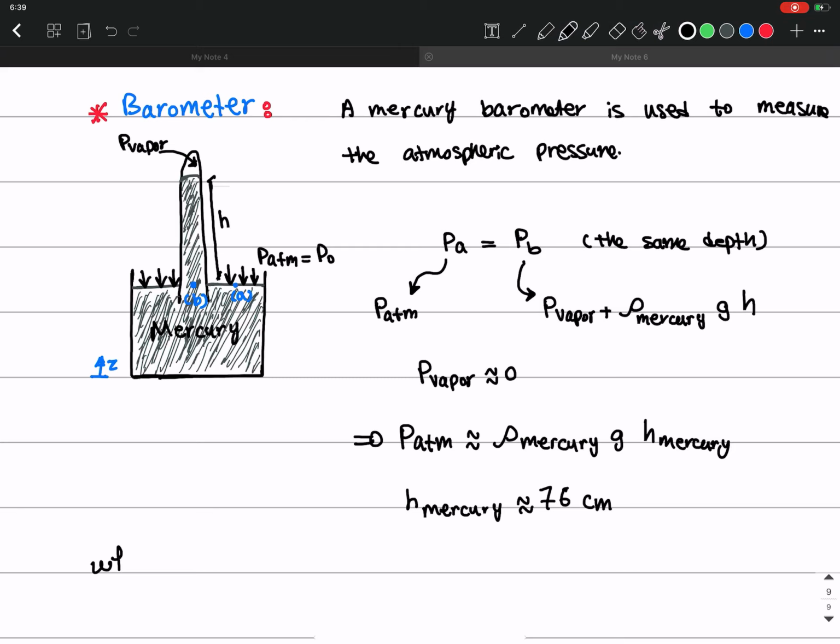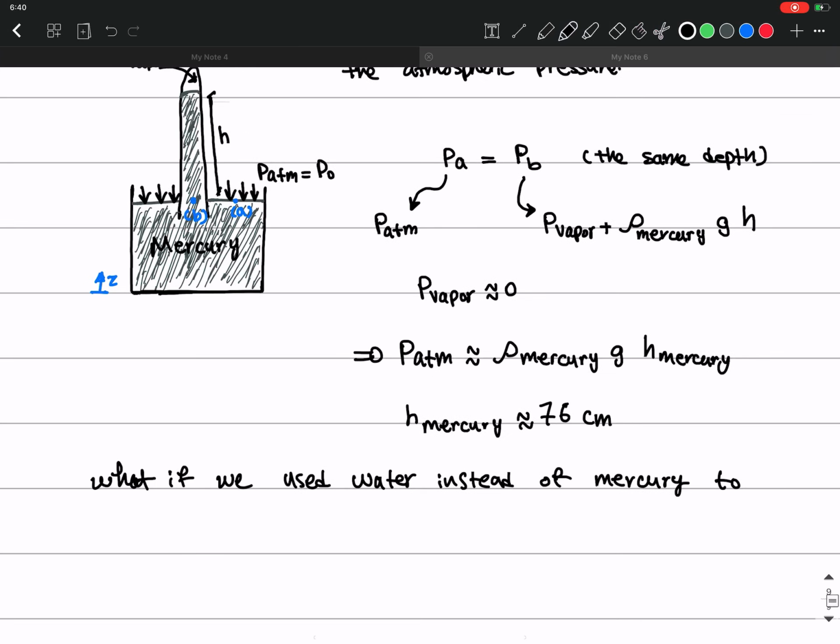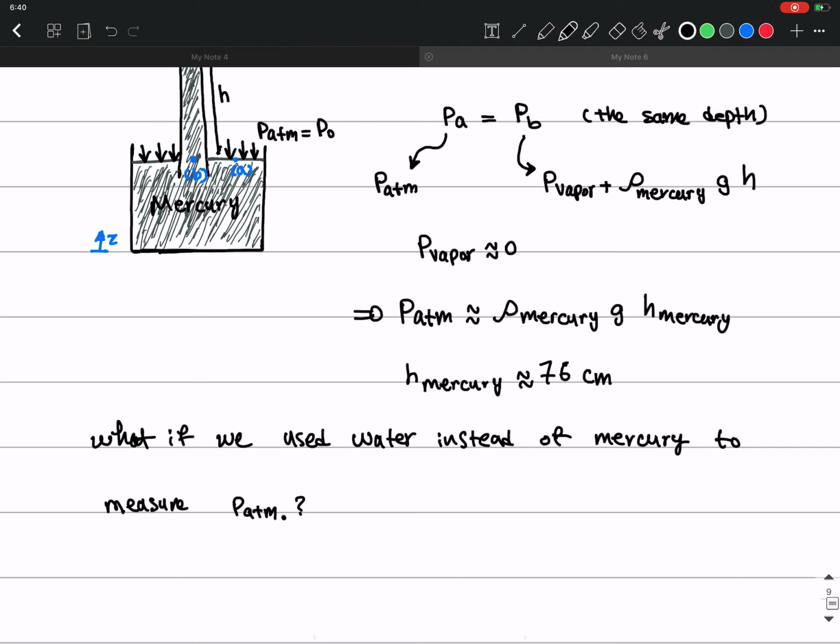So the question is, what if we used water instead of mercury to measure the atmospheric pressure, or P atm?